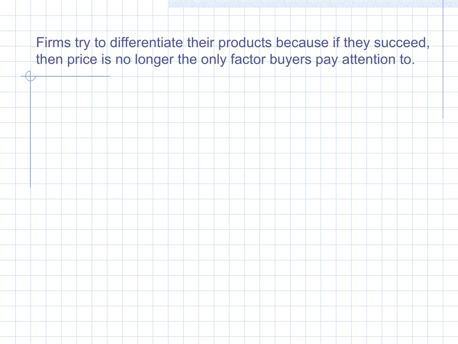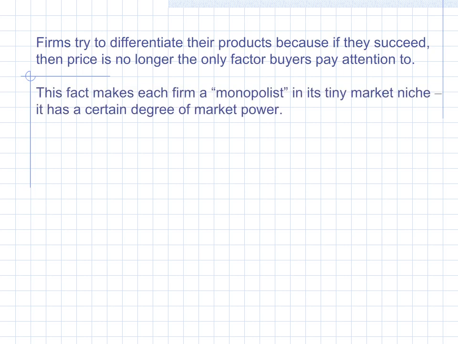So in that sense, we can think of a firm that successfully differentiates their product as a tiny little monopolist.